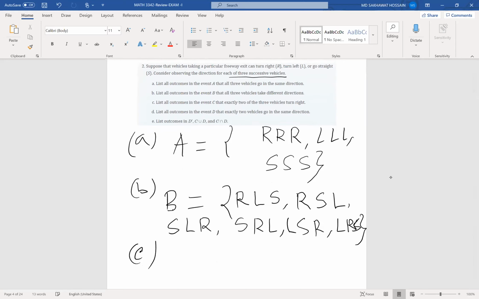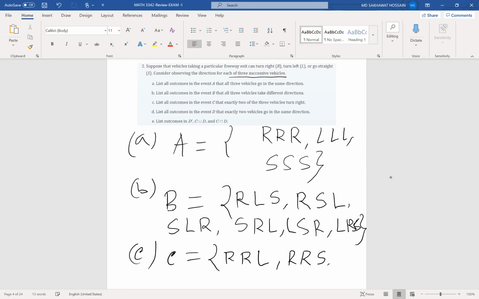Part C is to list all outcomes in the event C that exactly two of the three vehicles turn right. That means we have two right and one left, or two right and one straight.